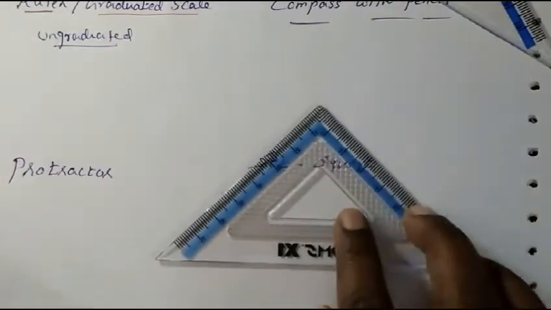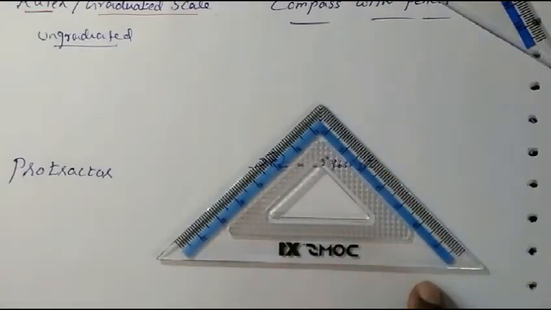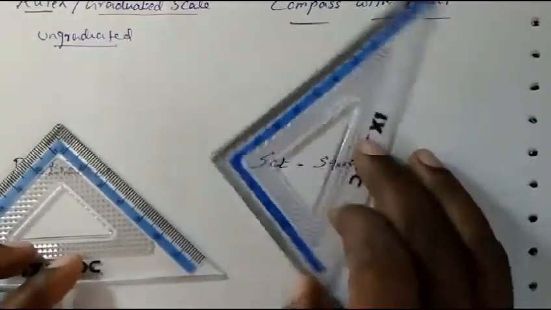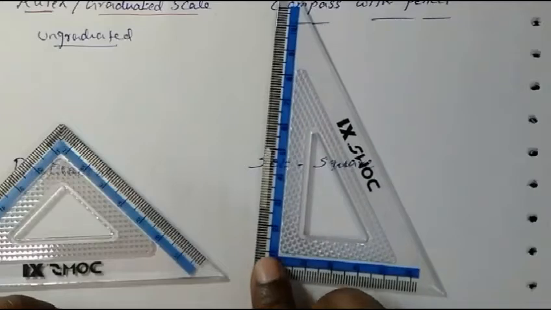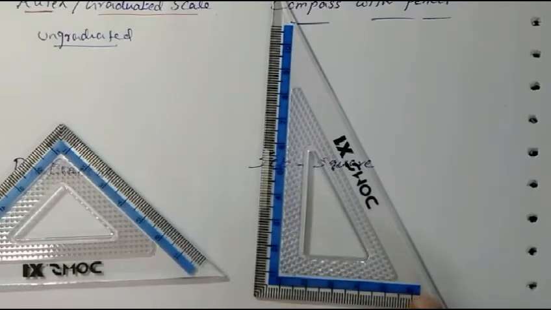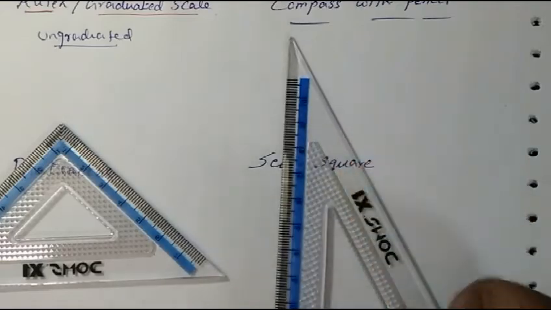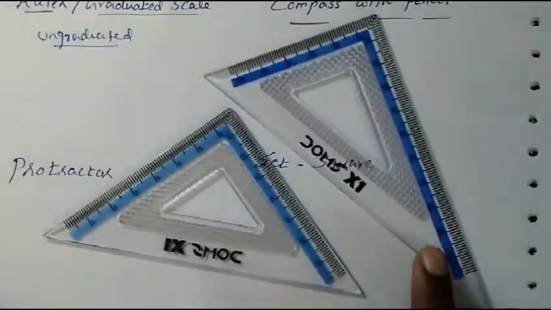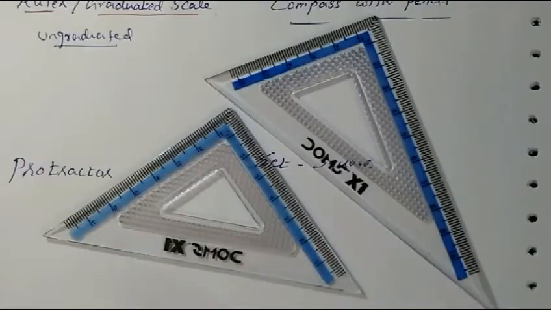The other one has one angle at 90 degrees, and the other angles are 60 and 30. So this is the pair of set squares you have in your geometry box.